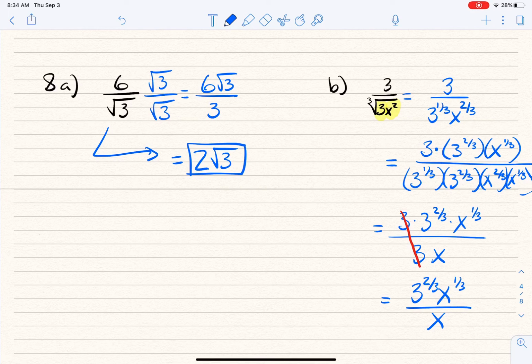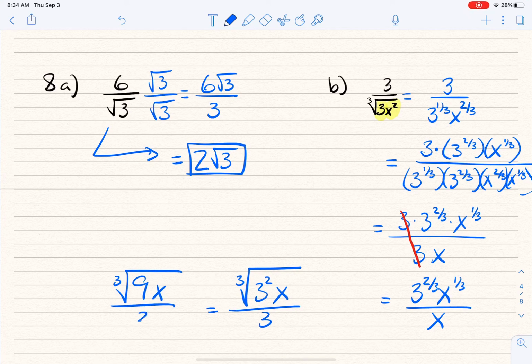If you happen to have written it as the cubed root of 3 squared x over 3, that would be completely acceptable. Or if you even dealt with that 3 squared and made that the cubed root of 9x over 3, that's completely acceptable. Any one of these 3 answers would be fine. But that's where you want to get. Oh, sorry, I put a 3 on the bottom of those.